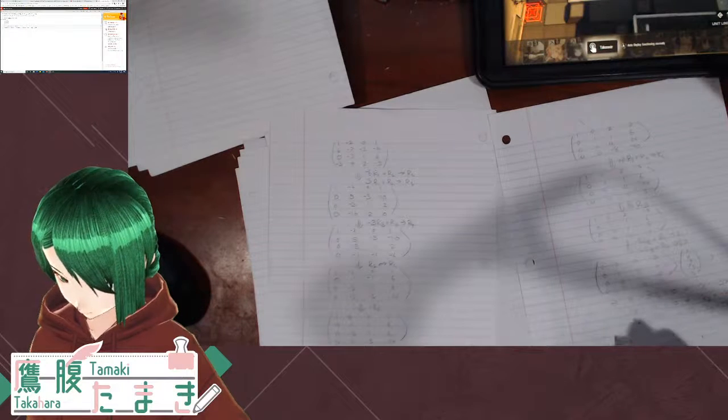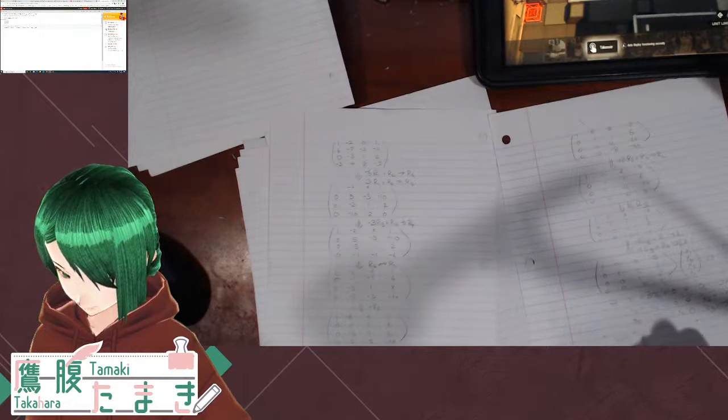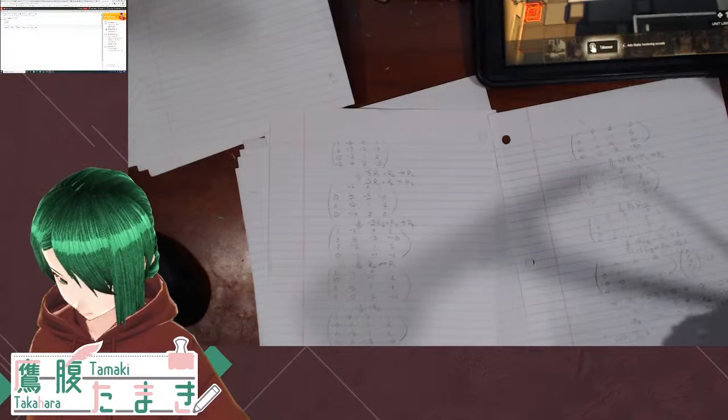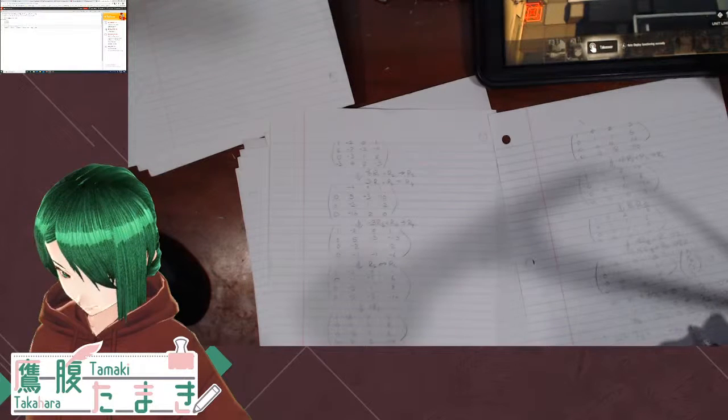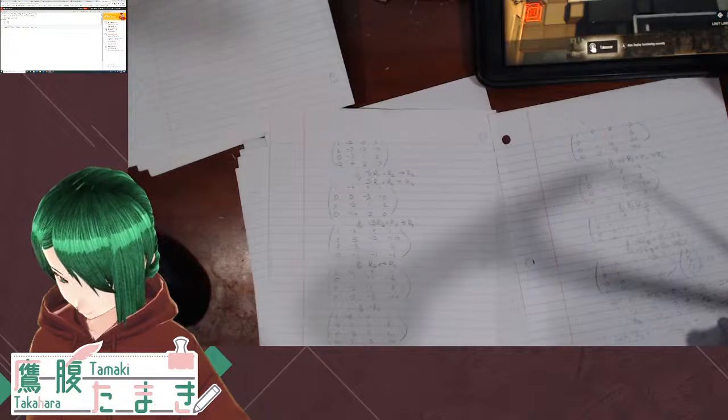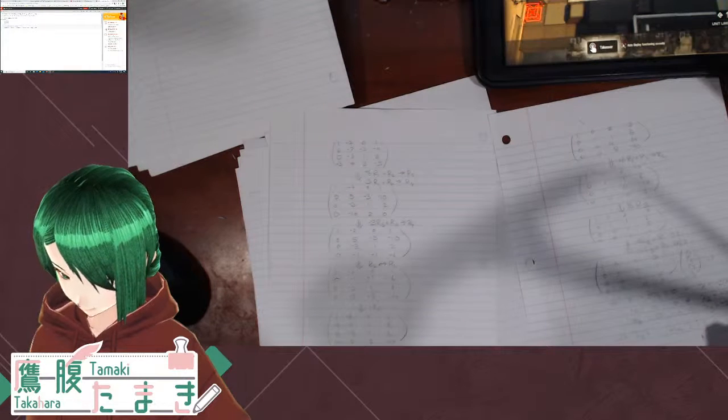So if we let x sub 4 equal 1, then x sub 1 equals negative 3, x sub 2 equals negative 1, x sub 3 equals negative 5.